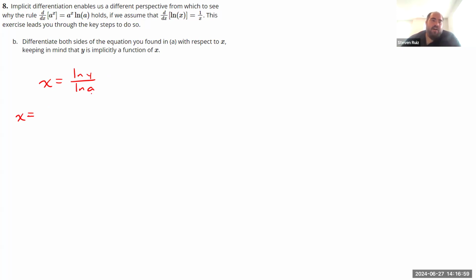The natural log of a is a constant. A is unknown to us, but it's not variable. So instead I'm going to write this as 1 over the natural log of a times the natural log of y.